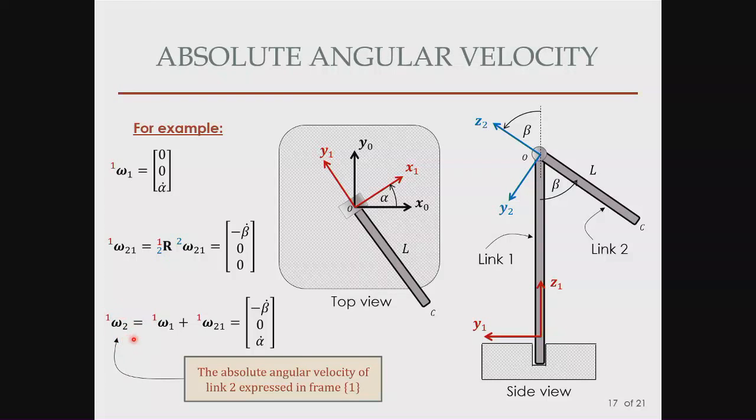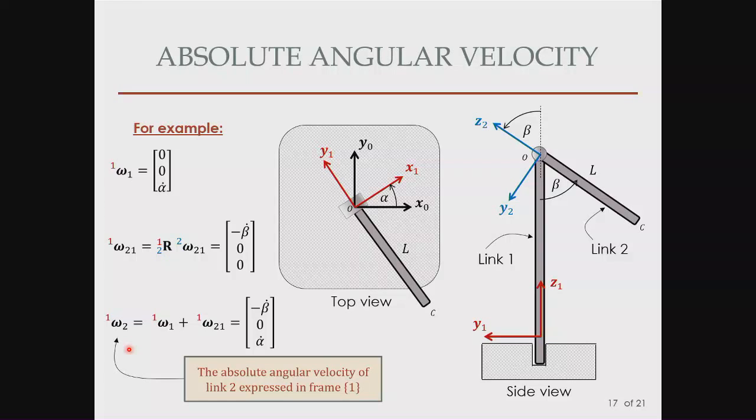So how do we get omega 2, the absolute angular velocity of link 2 in frame 2? If we already have this one, we simply need to multiply by the rotation matrix from 1 to 2, which is the transpose of the rotation matrix from 2 to 1. Otherwise, we have other ways to find it.